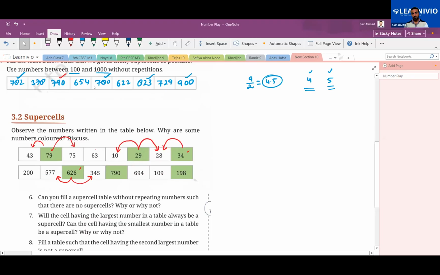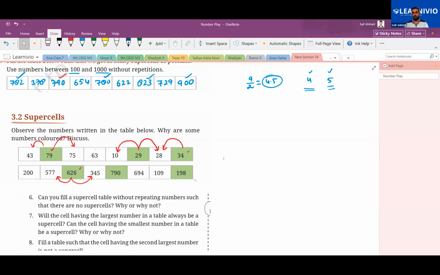If you draw any cells, it is not possible that there will be no supercell. Let's try to make it. Try to do it and see if you find any supercell or not. Check whether it is possible or not.